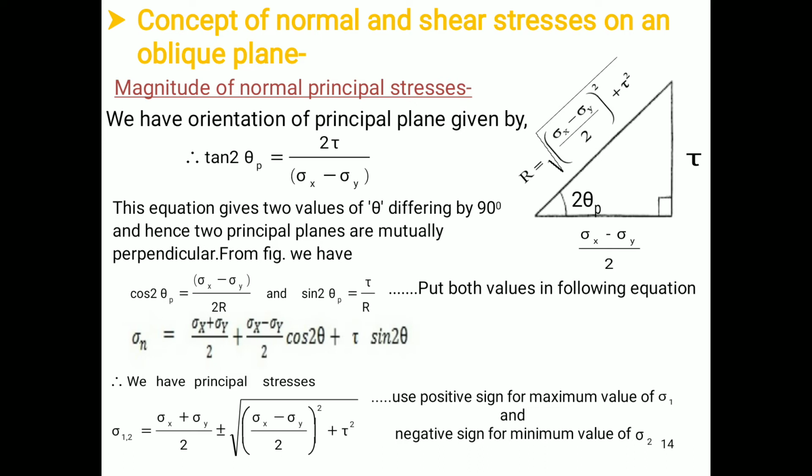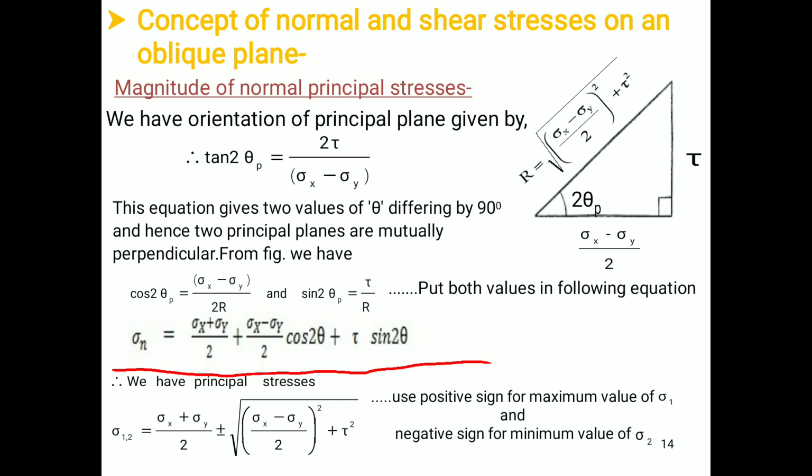So we have the equation of normal stress on an oblique plane given by sigma n equals sigma x plus sigma y by 2 plus sigma x minus sigma y by 2 cos of 2 theta plus tau sine of 2 theta.